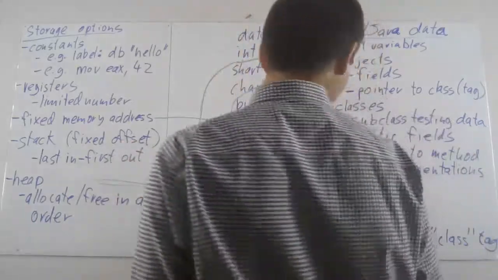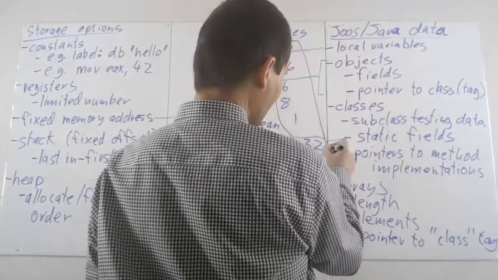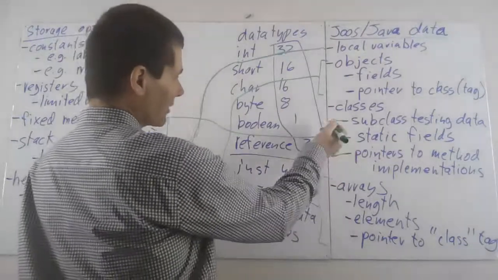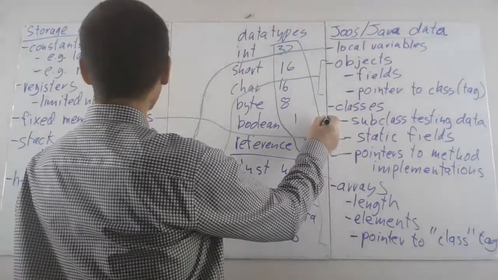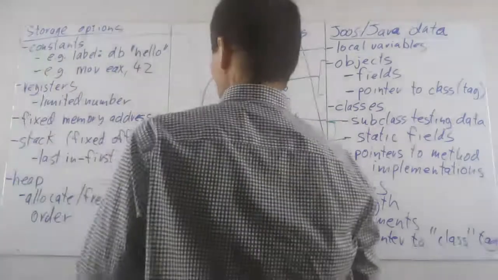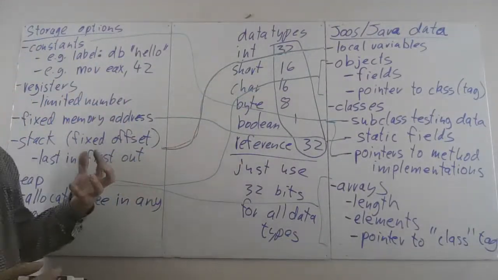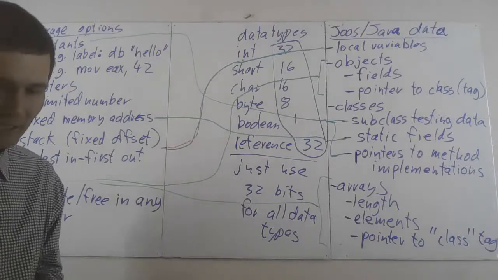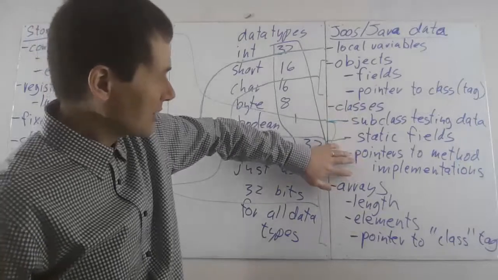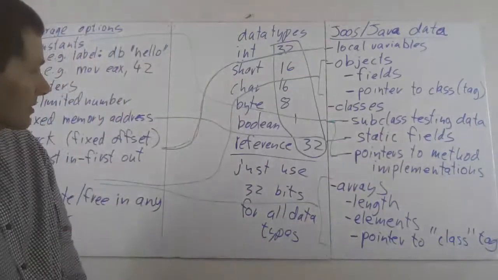And then finally, for the pointers to method implementations and the subclass testing data, so I'll connect them here, they're also known at compile time, but even more than that, they are constant. So in your compiler, before your program even runs, you have all the information about subclasses, and where you're going to generate the code for the implementation of each method of each class.